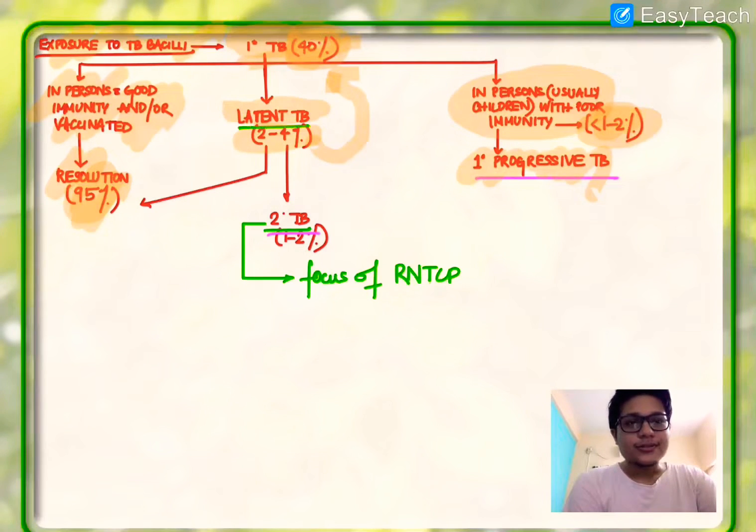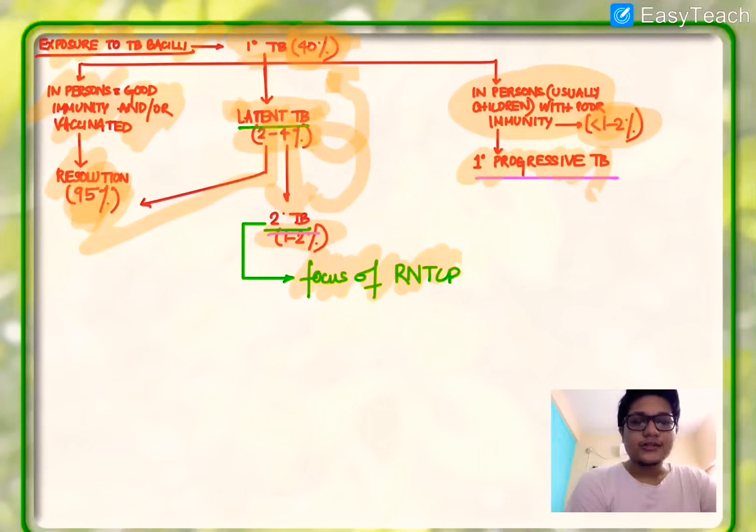Okay, so this latent TB infection can have two outcomes. One is that there will be a resolution, or it might lead to something known as a secondary tuberculosis or a post-primary tuberculosis. And this secondary tuberculosis is actually the focus of the RNTCP program. So this secondary tuberculosis will be 1 to 2% of this latent tuberculosis.